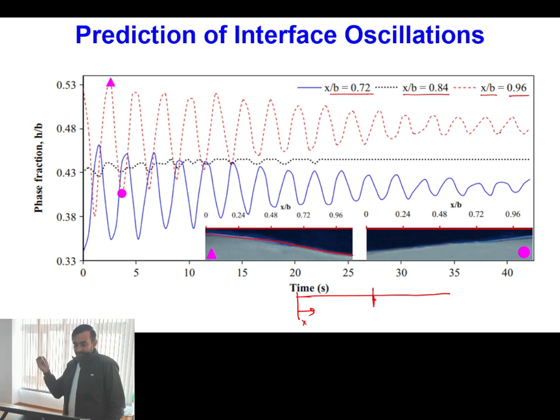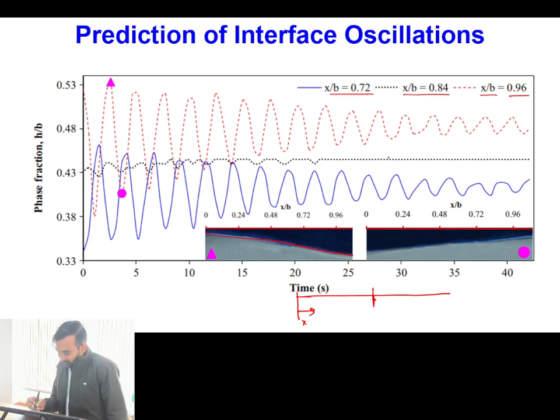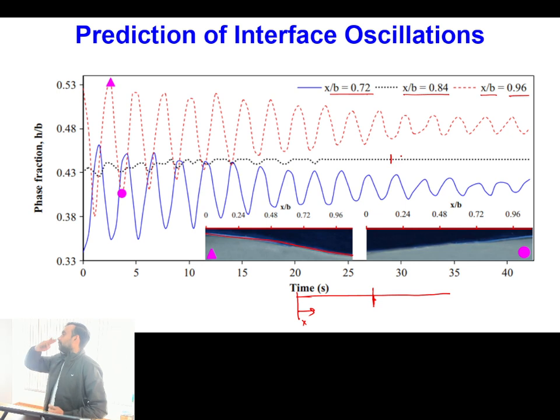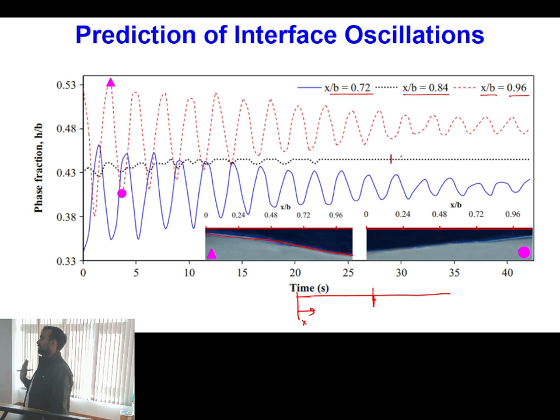Here you can observe that for the black line, the value of the signal is almost stationary. It means that this is the location of the pivot point about which the interface is oscillating up and down. Is this point clear?